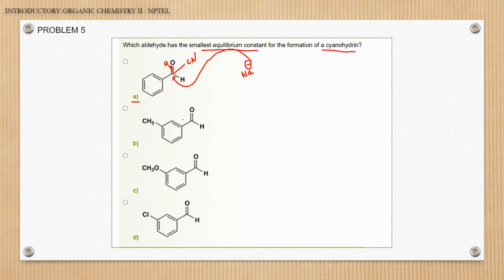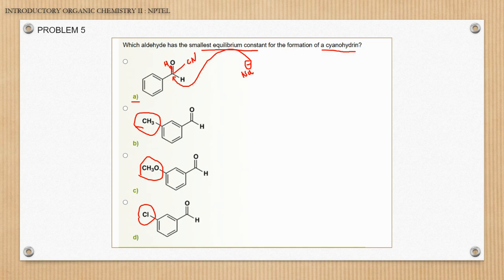So higher the electrophilicity, higher is the probability of the nucleophile to get attached to the particular carbonyl carbon, right? So here, when you come to all of these parts, you can clearly see that here there is a methyl group connected, here the methoxy group is connected, and here the chlorine group is connected.